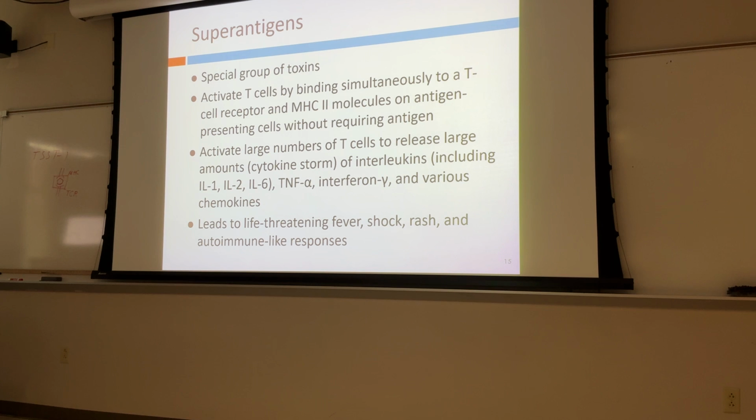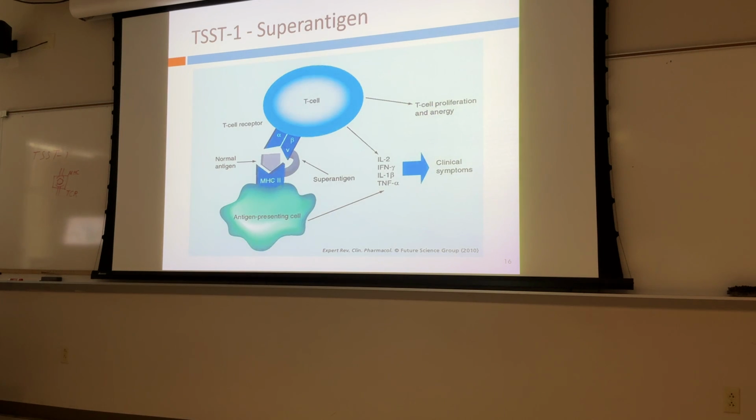It results in cytokine storm ultimately, and can lead to shock, rash, and an autoimmune-like response. Why autoimmune-like? Because your immune system is out of control. So it's gonna cause cytokine storm and septic shock. Here's a little schematic that's way better than what I can draw that shows how this happens. It just locks this interaction on, and the cytokines just keep rolling.